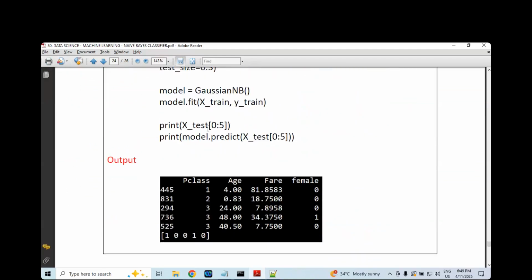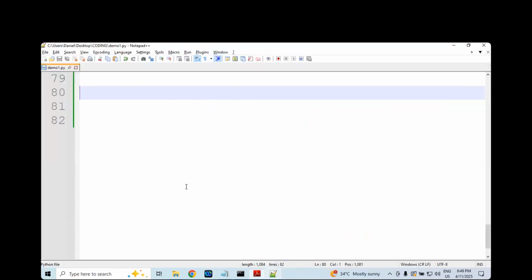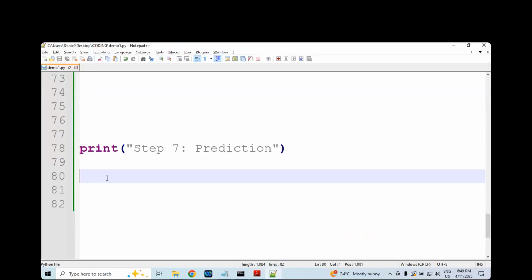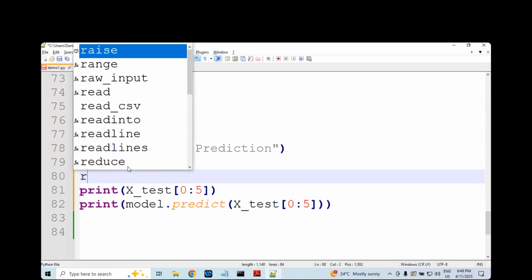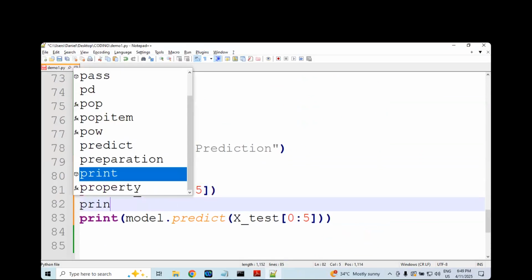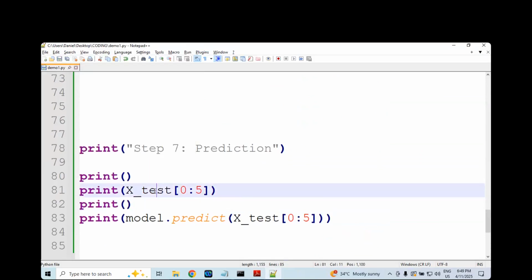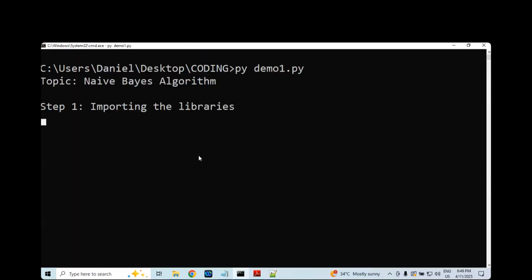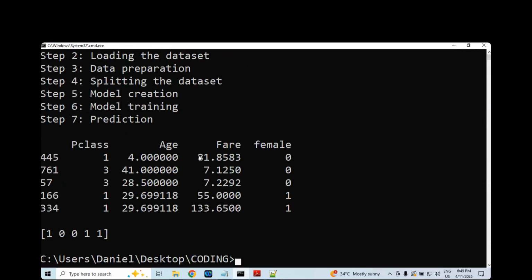For the top 5 values of Xtest we are doing prediction. Look at the result, you will get an idea.